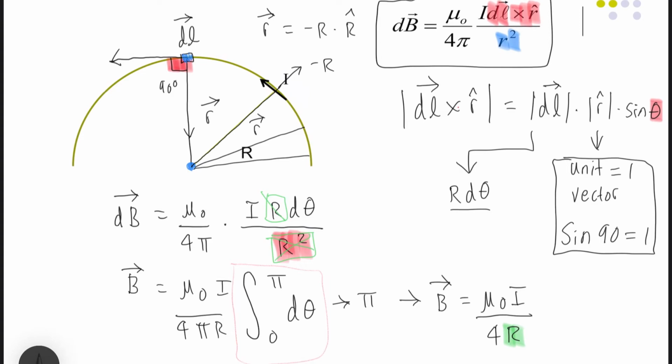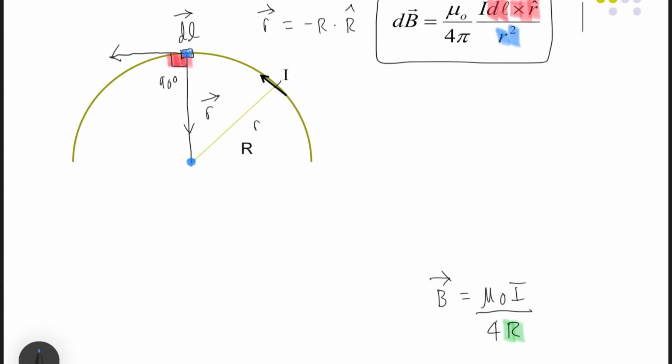Okay? Lastly, we want to find the direction of this magnetic field. So if we observe which direction the current's going, in this direction, I, then we can say, using the right-hand rule, that the magnetic field is going like this. It's curling around this wire as such.